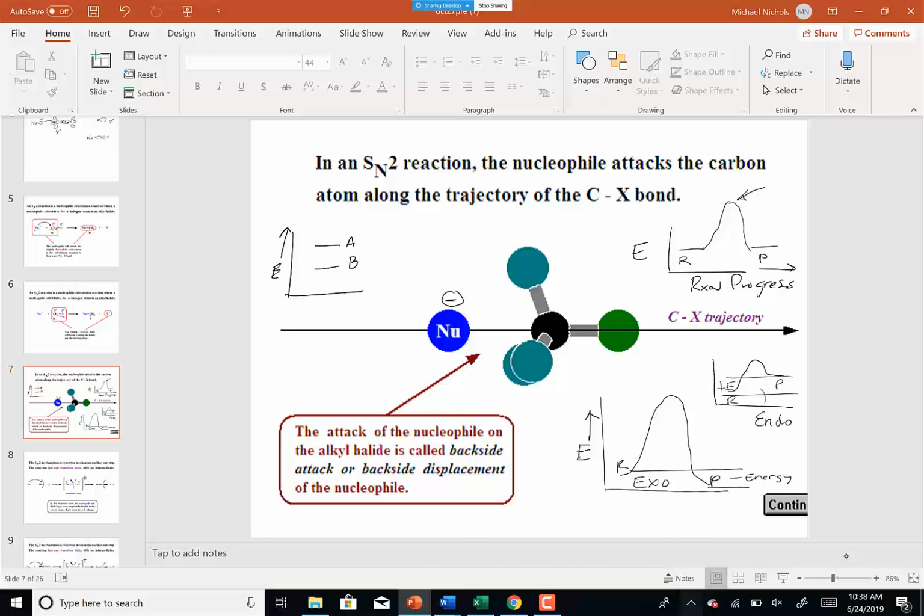B is more stable. So a species with less energy is more stable.